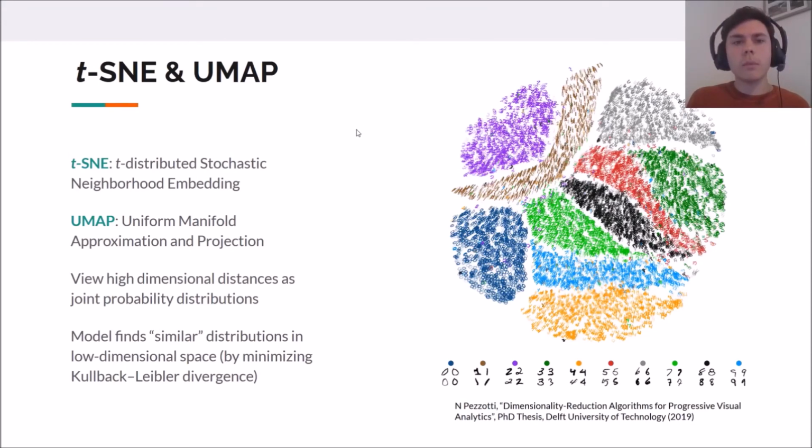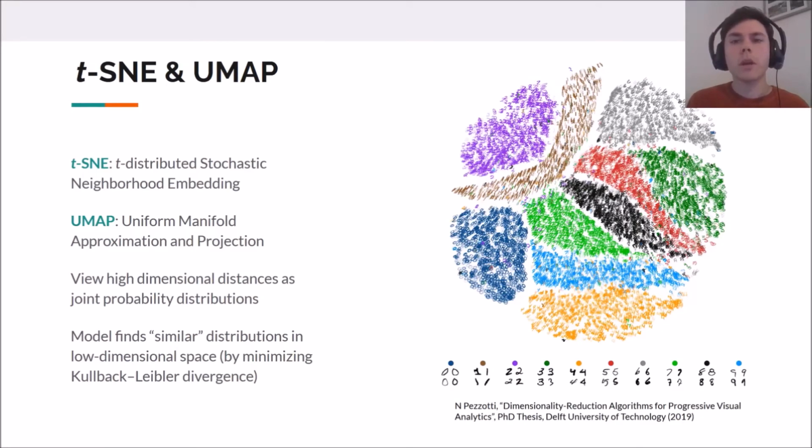t-SNE and UMAP. So t-SNE stands for t-distributed stochastic neighbor embedding. UMAP stands for uniform manifold approximation and projection. And here the idea is very similar. You basically look at pairwise data points, but you only look at data points in a certain neighborhood of your point. So again, you construct something like a neighborhood graph.